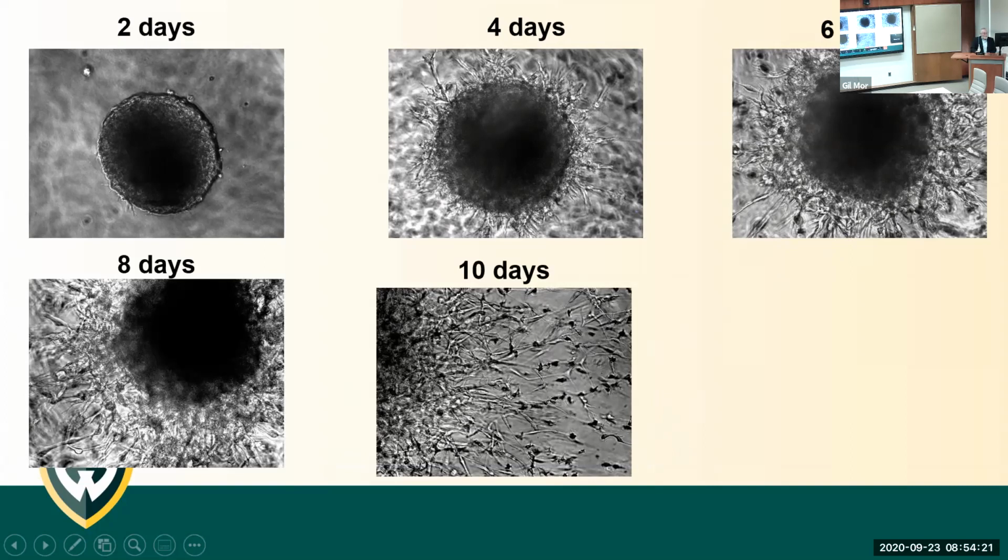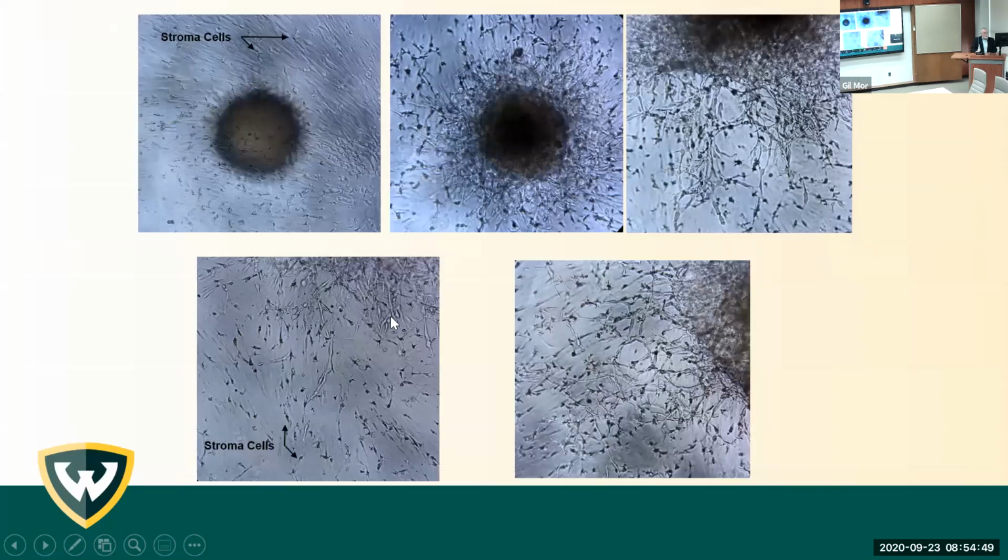Here, let me show you what you have: stroma cells. Those are stroma cells. Now, these projections, this invasion of the trophoblast, is reaching the stroma cells at the bottom of the plate. And if I close this here, I will show you a picture.